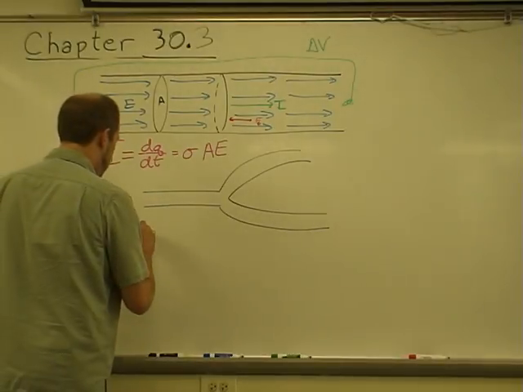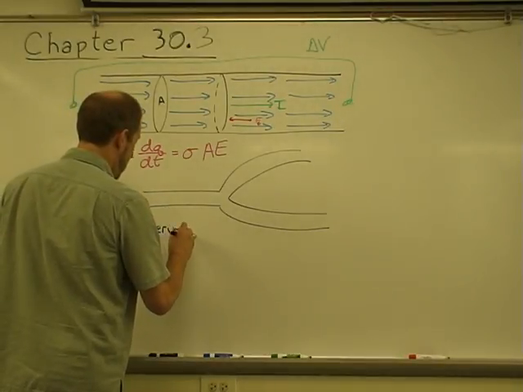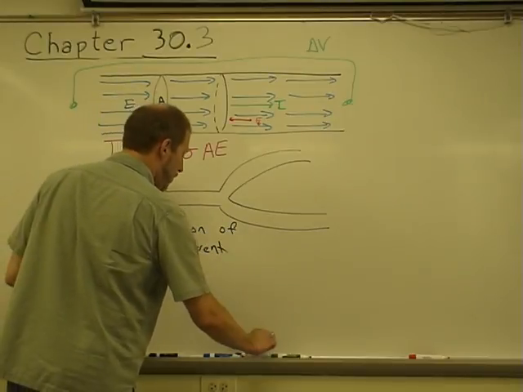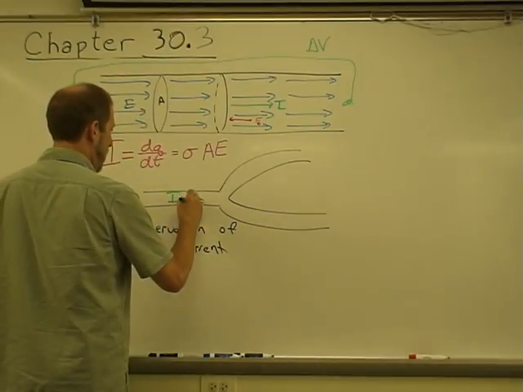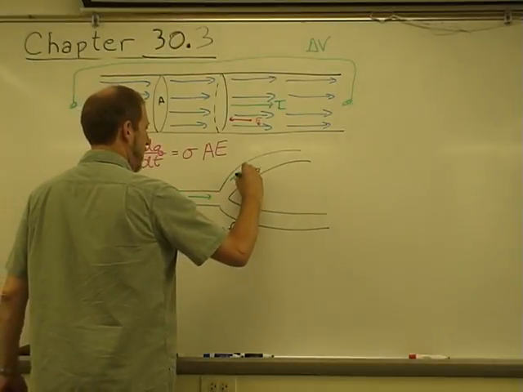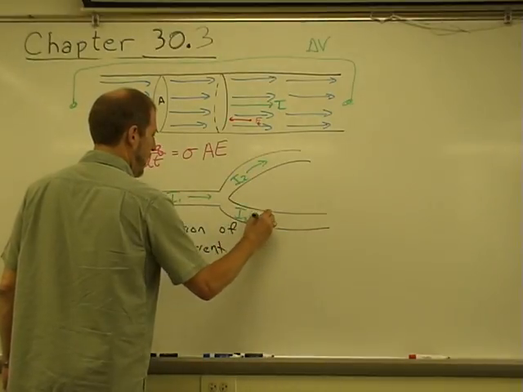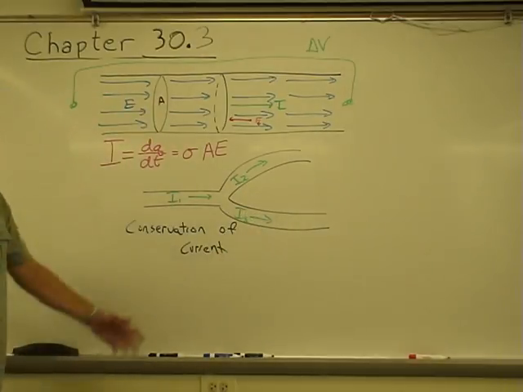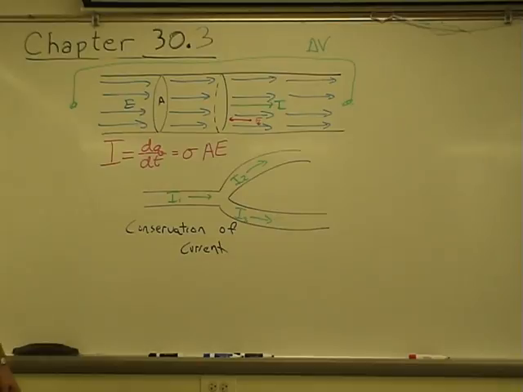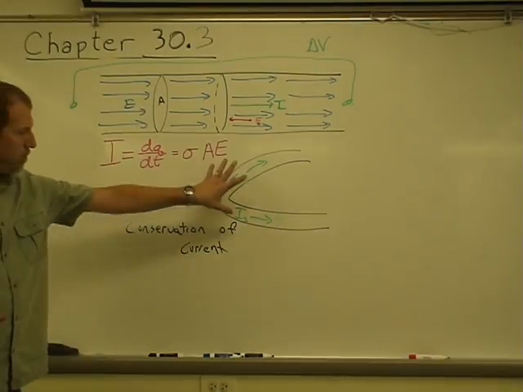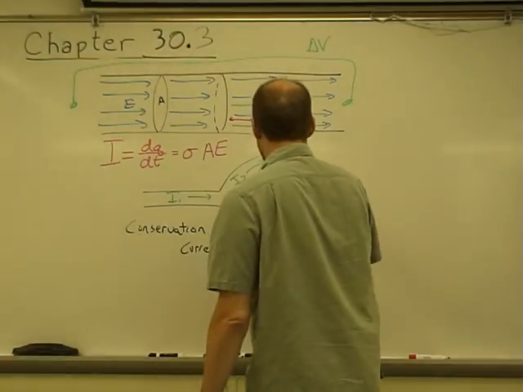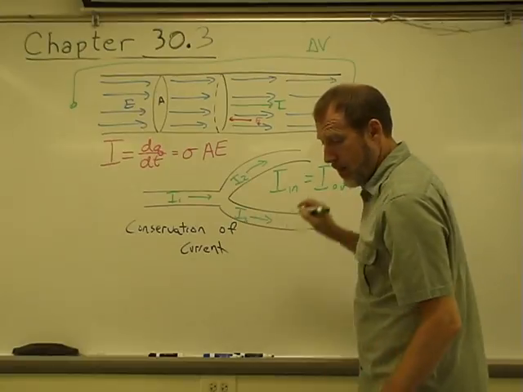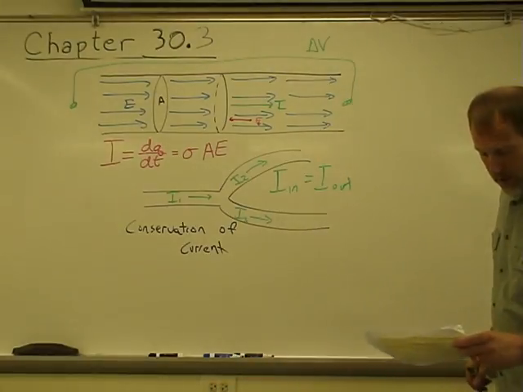Well, here, we have the conservation of current. If I've got a junction, and current may well be flowing through that, the conservation of current dictates that the current in has to be equal to the current out.